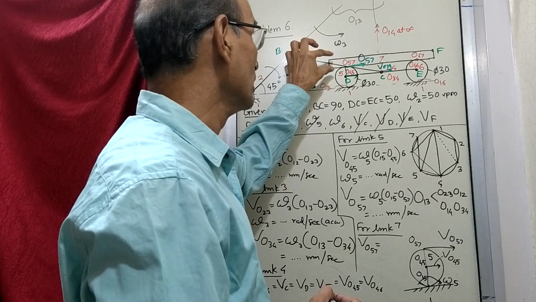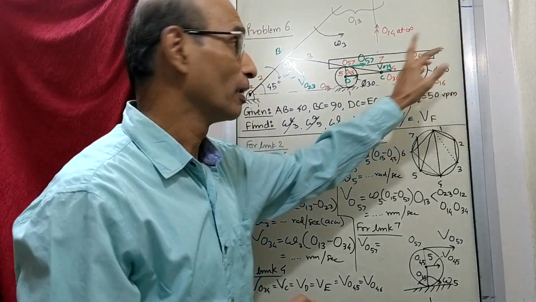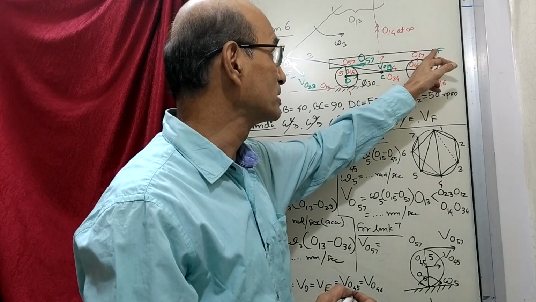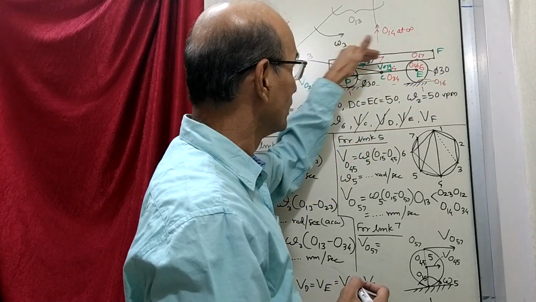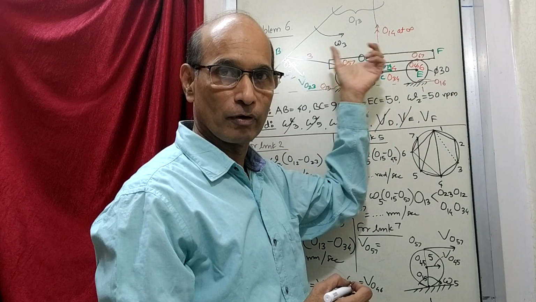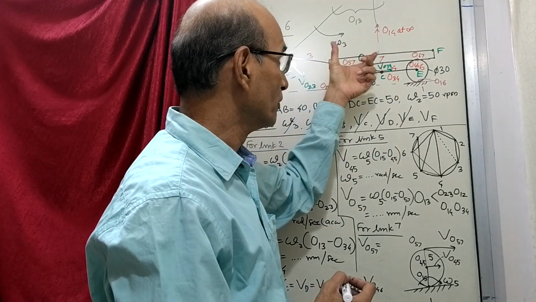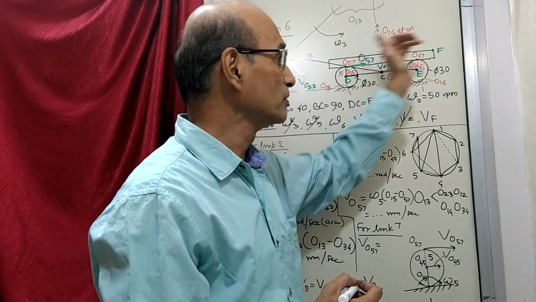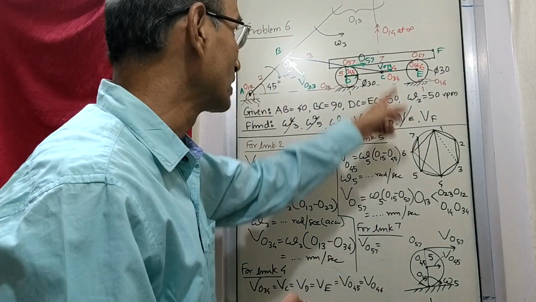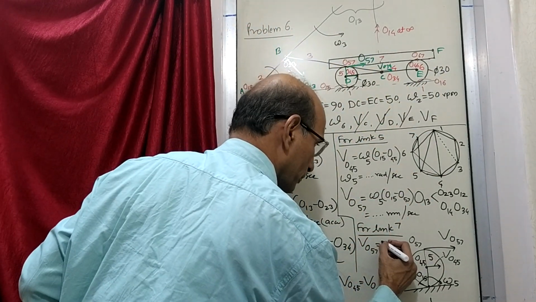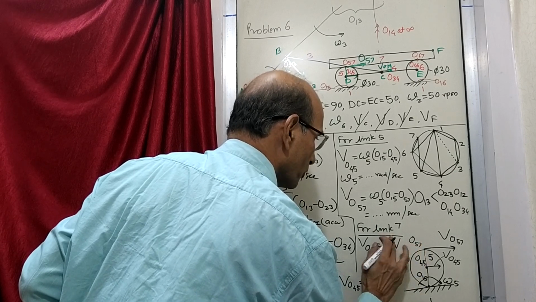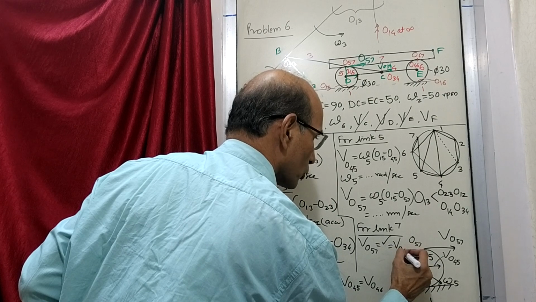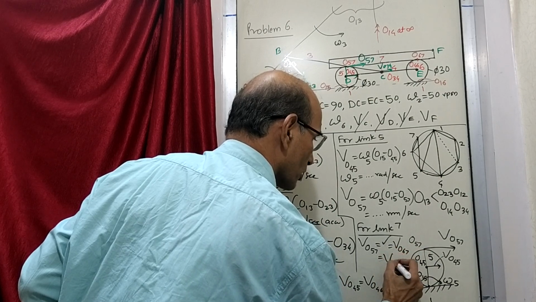So once link number 7 is sliding, velocity of O57 is same as velocity of O67 and same as velocity of A, because all these points are moving with the same velocity, because it is a box which is sliding like a slider. So all the points on the box have the same velocity. So velocity of O57, which is already obtained, is equal to velocity of O67 and it is same as velocity of F.